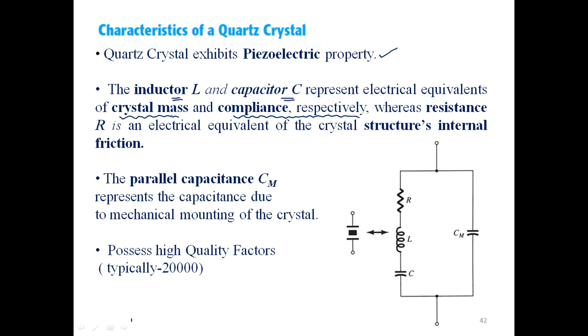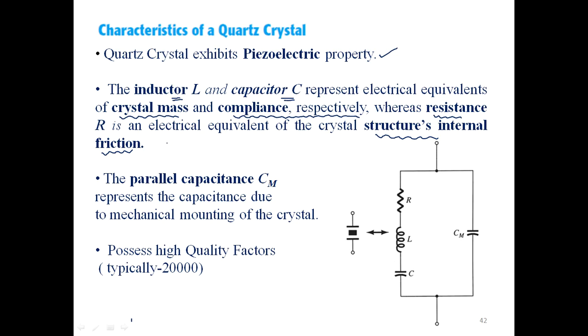Okay, so whenever we say crystal mass, it is the mass of that particular quartz crystal, and the compliance also. Whereas the resistance R is an electrical equivalent of the crystal structure's internal friction. Now, I just told you that whenever any mechanical force is induced, internally the dipoles, the bonds, will undergo some stresses.